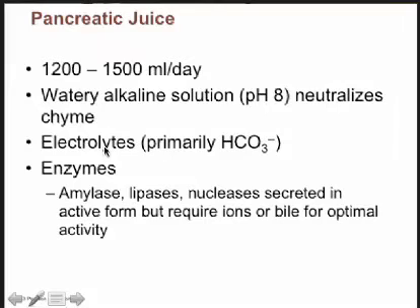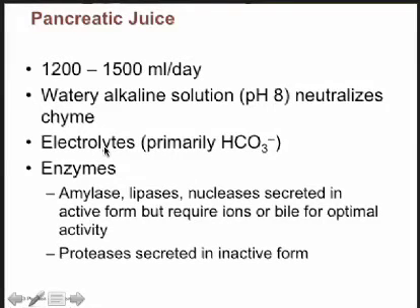It's okay for these particular components to be active prematurely because once they're in the pancreatic duct, they don't present a hazard to the pancreas tissue proper. But the proteases have to be secreted in an inactive form because protein is a major component of cell membranes. It's a major component of connective tissue.